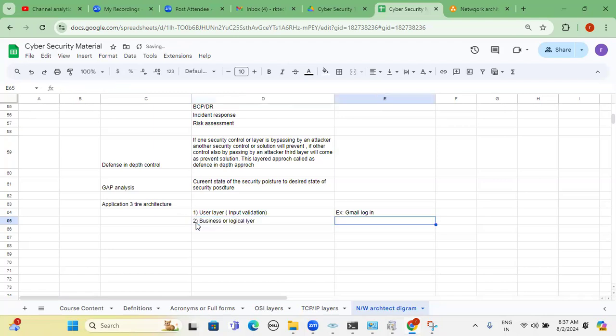Once you give the username and password in Gmail, whatever programming development there is on the Gmail development side, going to or opening the inbox or sent items, going to drafts, or composing emails using iframes or whatever. That particular programming language or logic, whatever is defined using any programming or development language, we can call the business or logical layer. It is the programming or development language used to design and develop the logic.